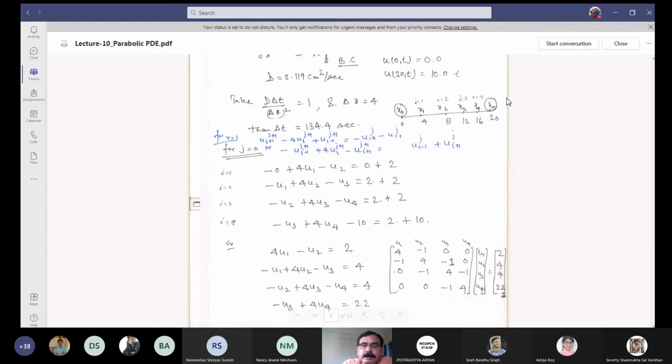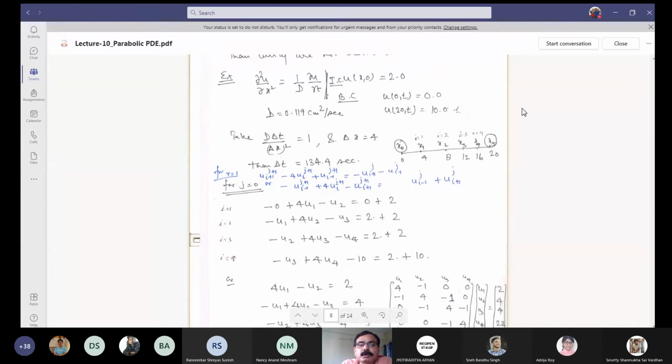And then u(x,0), that is at t equal to 0 for all x, does not matter whether it is x equal to 0 or x equal to 20 or any other point, it is 2. So we'll take 0 plus 2, divided by 2, the average. Yes, sir. So this is your 1. Here it is written 2, here it is written 0.